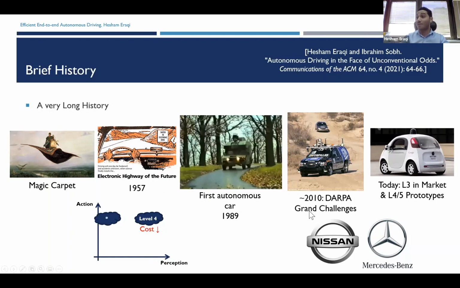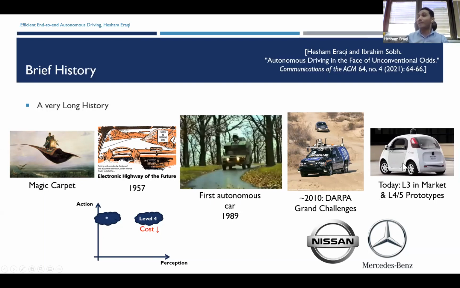And with the DARPA Grand Challenge in 2010, which captured the attention of the press and the inspiration of researchers, we started to have lots of autonomous driving programs in lots of companies, even from outside the automotive industry, like Google, which started its autonomous driving program in 2010.